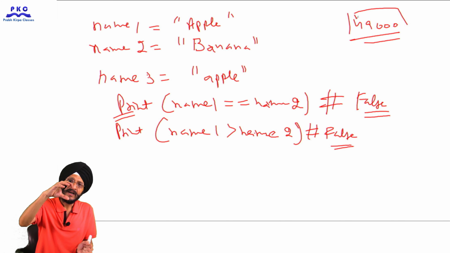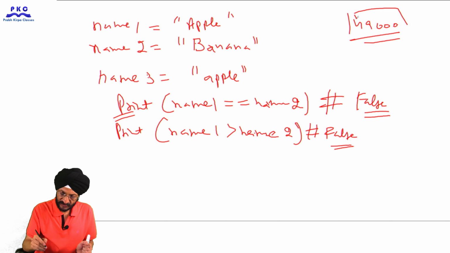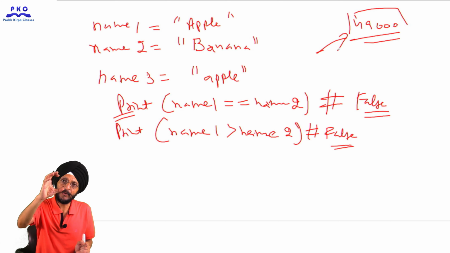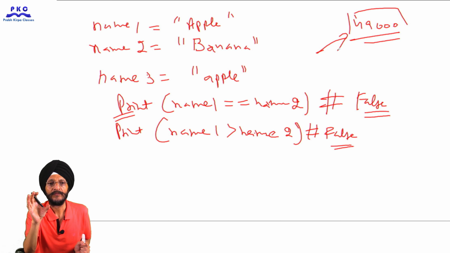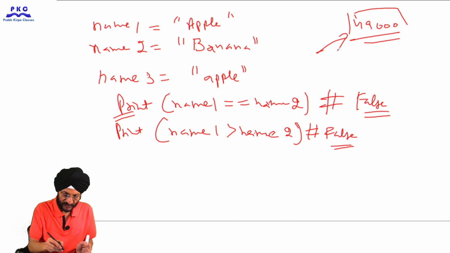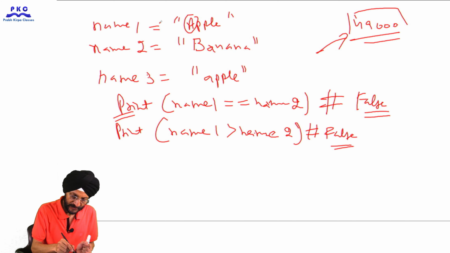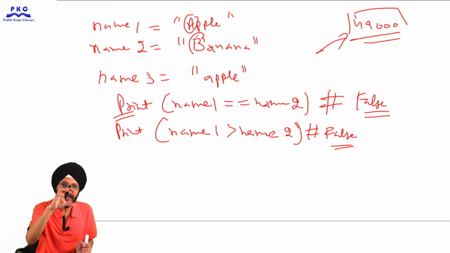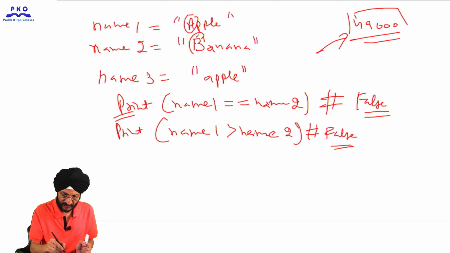Unicode has assigned Unicode values to these thousands of characters, and as per that, A has less Unicode value. So as A has less Unicode value, when we are comparing name 1 with name 2, that is, apple is greater than banana, we will in fact be comparing A with B, the first character. A has less Unicode value, so the answer will be false.